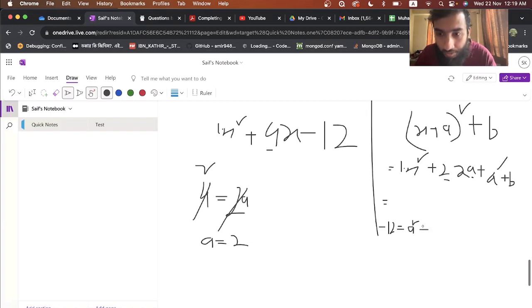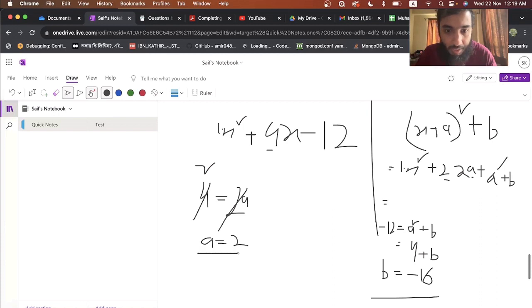A square plus b, using the value of a, which is 2. So 2 square is 4, 4 plus b. So b is what? Minus 12 minus 4, which is minus 16. So we got the value of a and b.